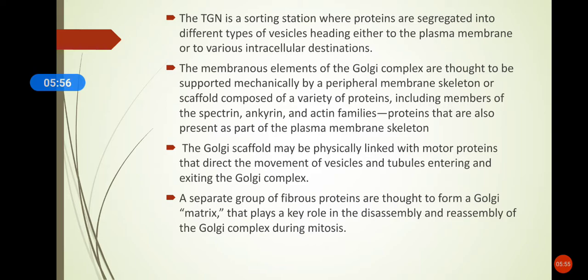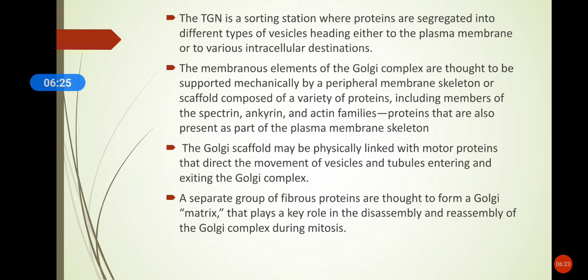The membranous elements of the Golgi complex are mechanically supported by a peripheral membrane skeleton or scaffold, which has a variety of proteins like the spectrin, ankyrin, and actin families. These proteins are also present in the plasma membrane skeleton. That is the mechanical support for the membranous cisternae.